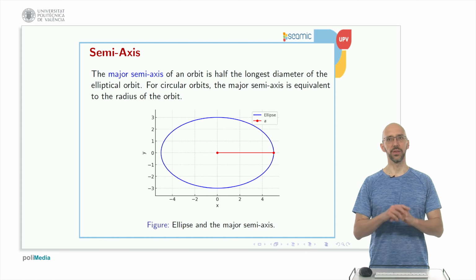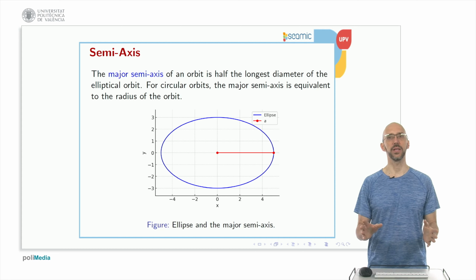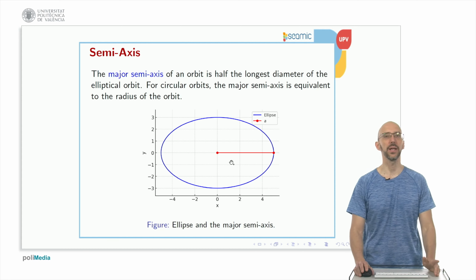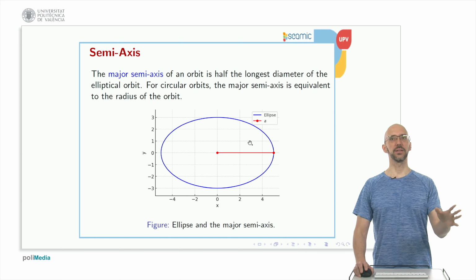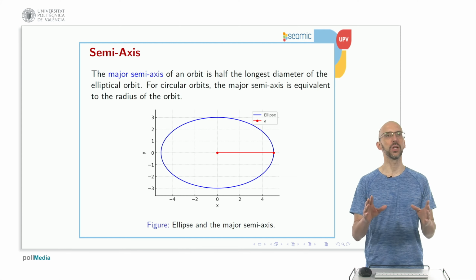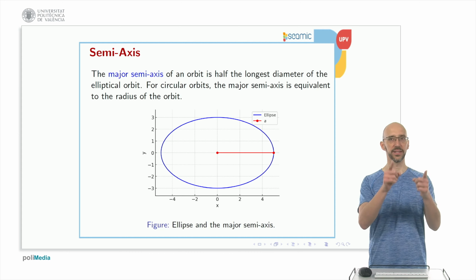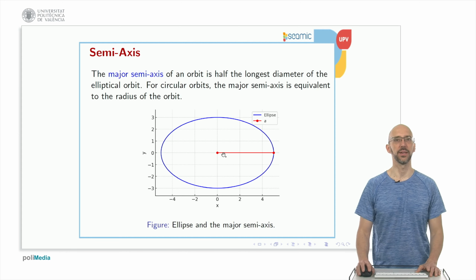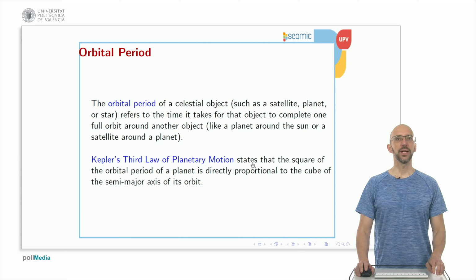When we are working with ellipses, A, the major semi-axis, is positive. So why is this definition here? Because I want you to have the picture in your mind. When I talk about the major semi-axis, it's exactly this distance you can see in this slide. Okay, perfect.